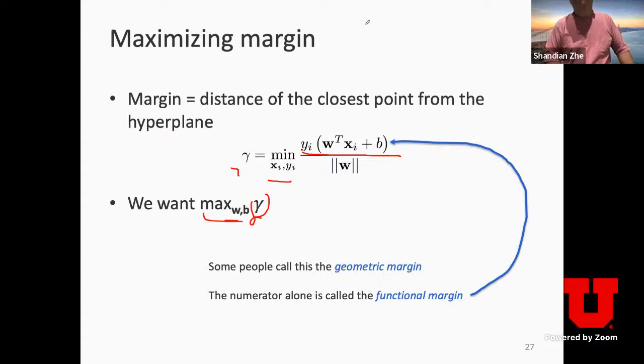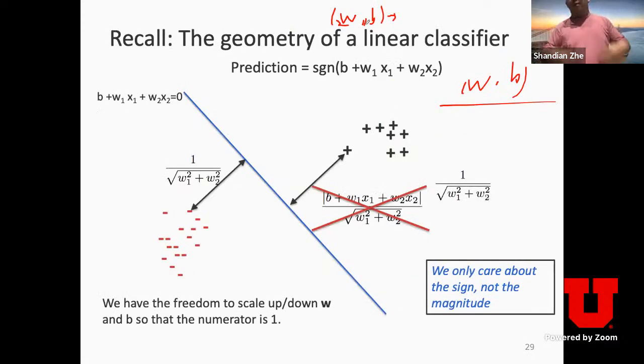Does it make sense? Okay, so now why not we just restrict the range of W and B, such that we can make our max-min optimization, as we just formulated, a lot easier. How can we make restrictions?